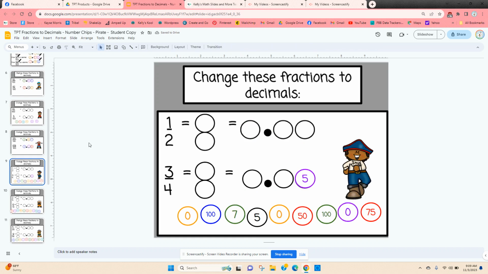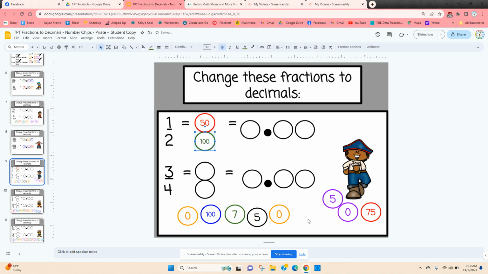Now students are going to be given some fractions that don't have 100 in the denominator, and they have to convert them to fractions with 100 in the denominator. So this one, to get 100 in the denominator, we have to multiply times 50. So 2 times 50 and 1 times 50, that would give us 50 hundredths.